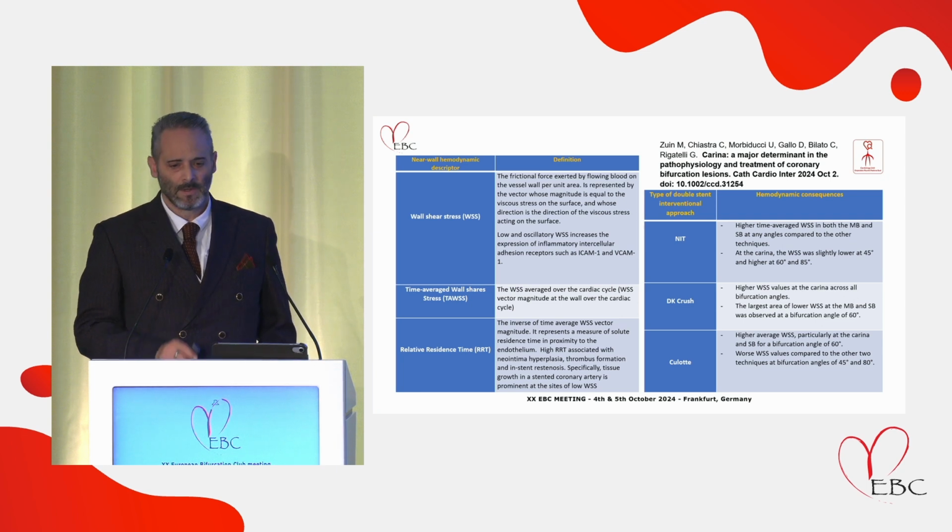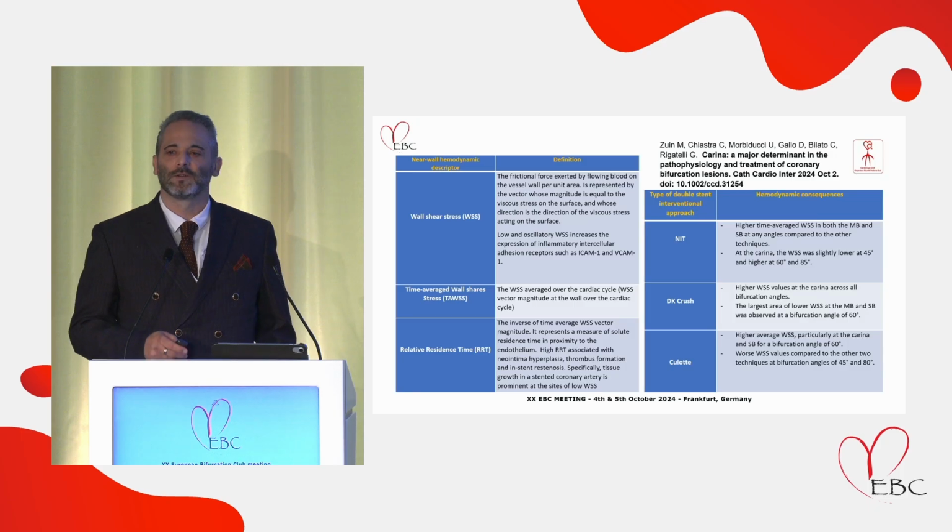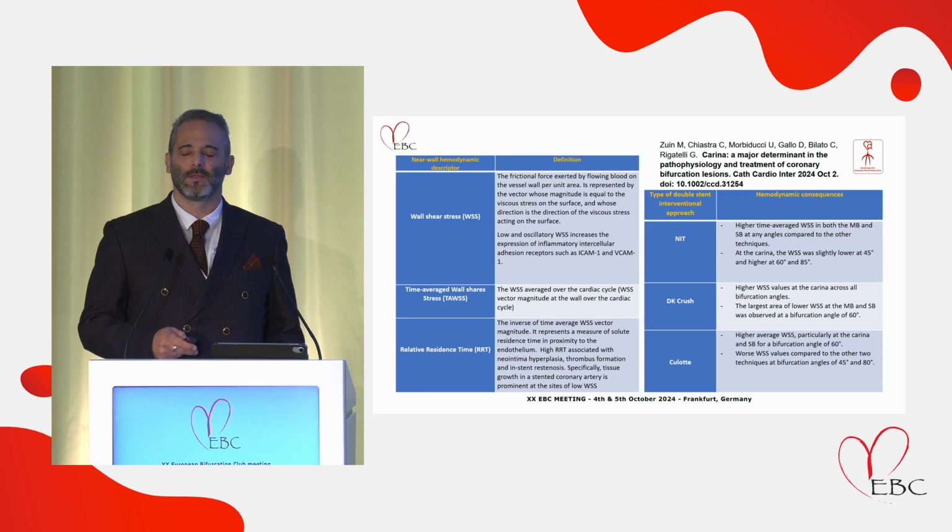We know from previous studies we did in the last 10 years that different double stenting techniques have different computational flow dynamic results and profiles. Usually the techniques that have less metal at the carina site are more respectful of the anatomy and of the rheology of the vessel.